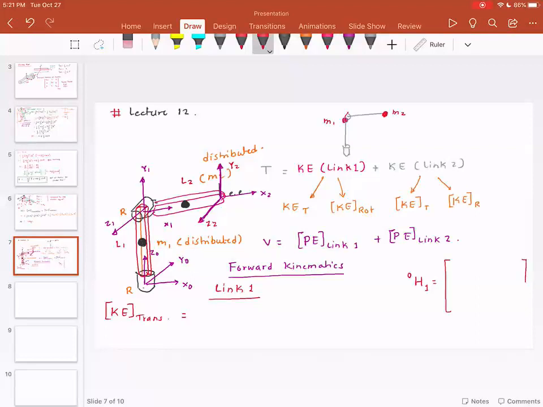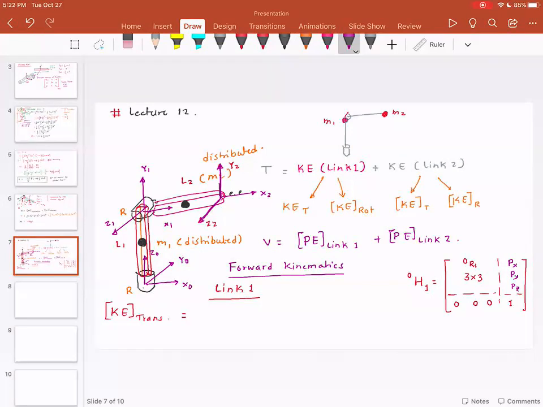In this homogeneous transformation matrix H01, you are going to have a 3 by 3 matrix here that represents the rotation 0r1. You are going to have 0, 0, 0. You are going to have 1 over here, and you would have px, py, pz. Now px, py, pz is the distance between frame 1 and frame 0.